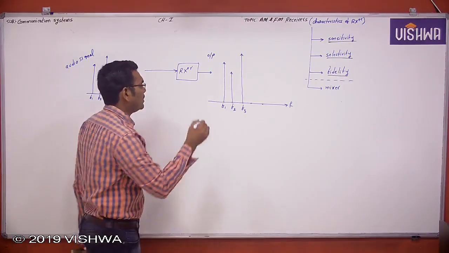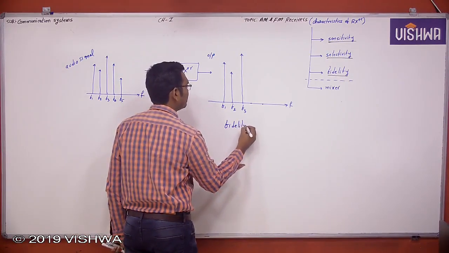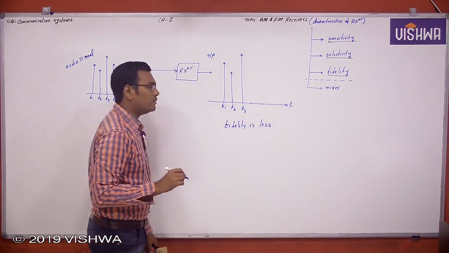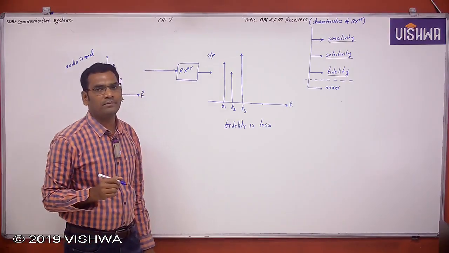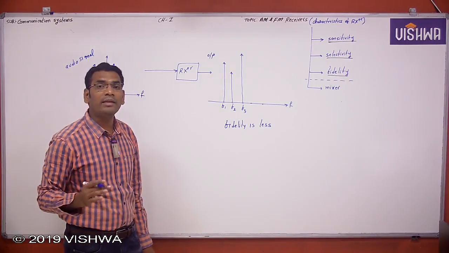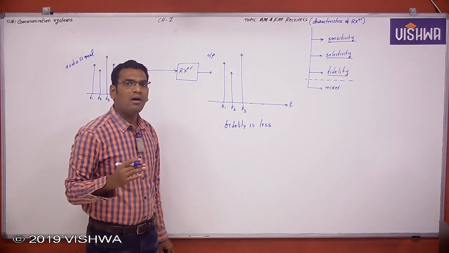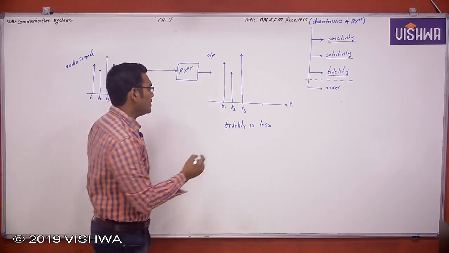So which means here what happened? Which means fidelity is less. Fidelity is not good. So the receiver is not having a good feature, means it is not able to reproduce all the spectral components, all audio frequency components at the output of the receiver. Fidelity is not good.